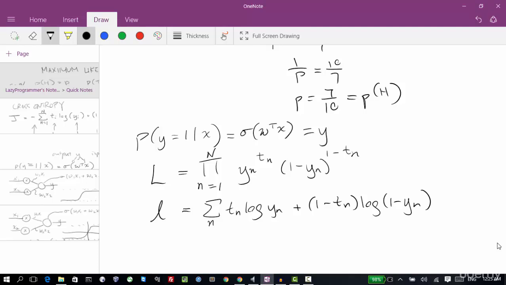They're just negatives of each other. So, in other words, maximizing the log likelihood is the same as minimizing the cross entropy error.